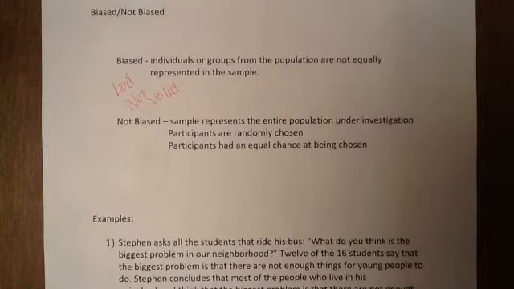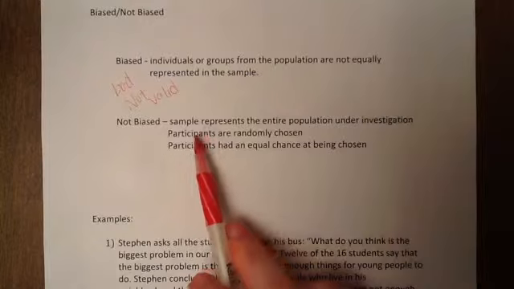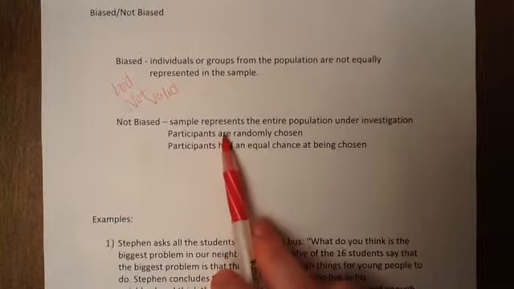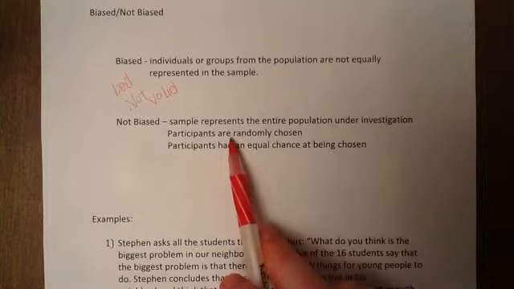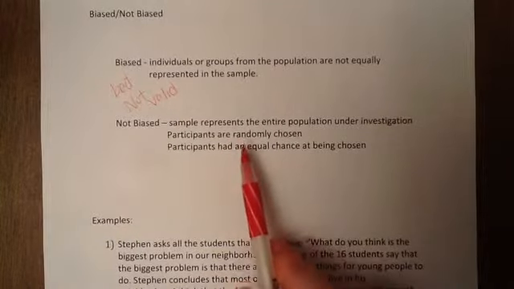Same thing if I went to basketball practice and said, what's the best sport? Chances are they're going to say basketball. Right? So if you're going to be given a survey and getting information from people, you need to make sure that you are representing the whole population and that people are being randomly chosen.